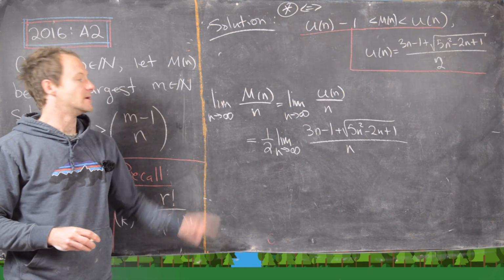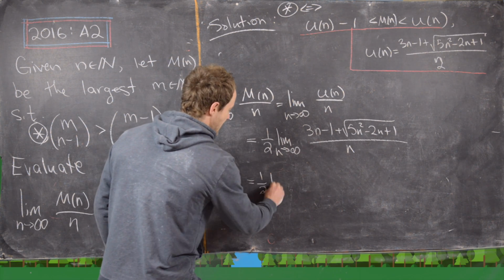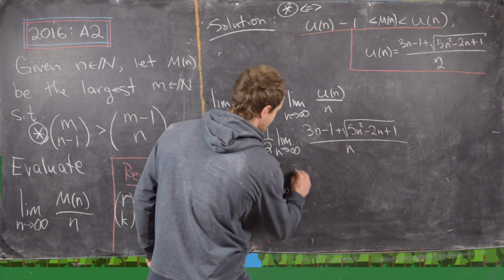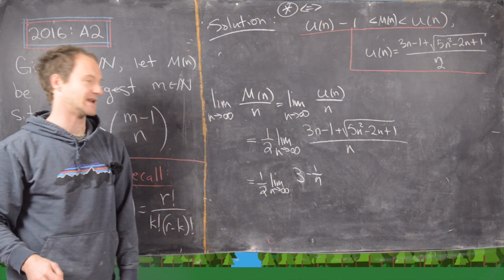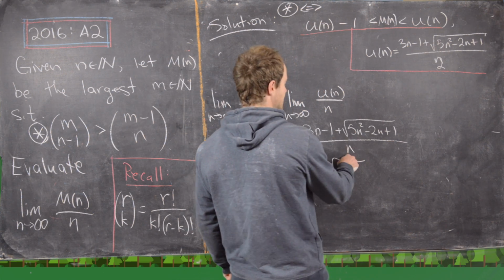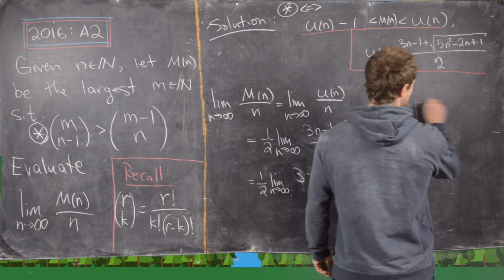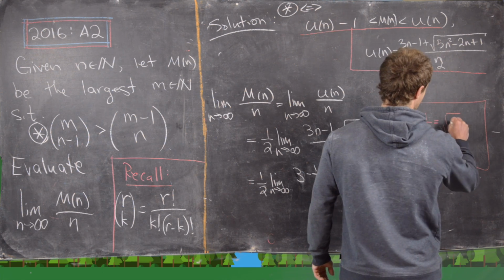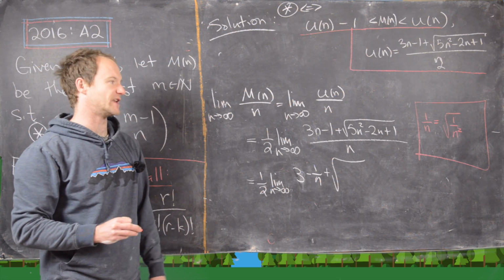Okay, good. But now I'm going to break this into pieces. So this is going to give me 1/2 the limit as n goes to infinity of 3 minus 1 over n, so I have 3n over n minus 1 over n, plus, now I can bring the 1 over n in under the square root if I square it. Let's just recall what I'm doing here: 1 over n is the same thing as the square root of 1 over n squared, which is true if you have a natural number.